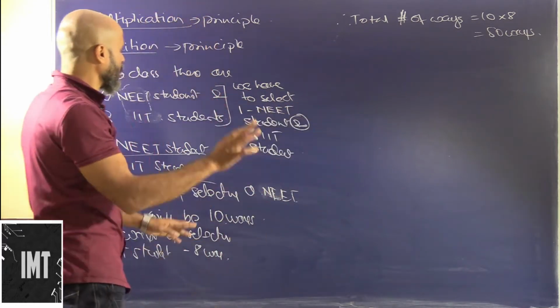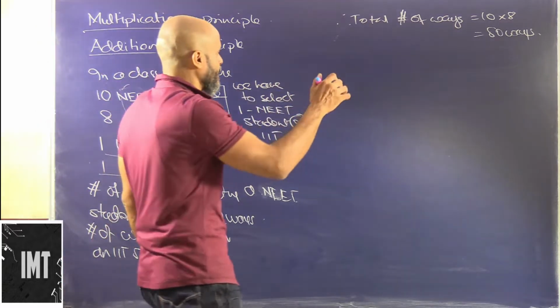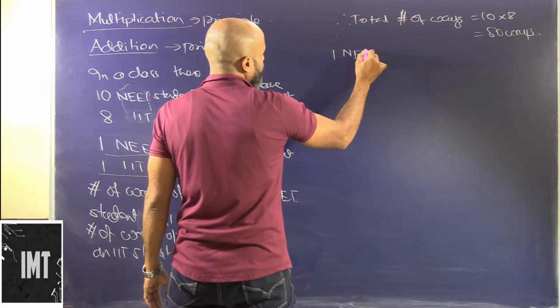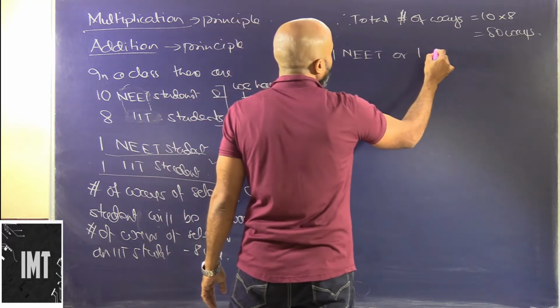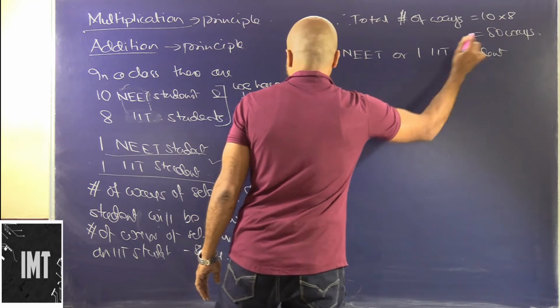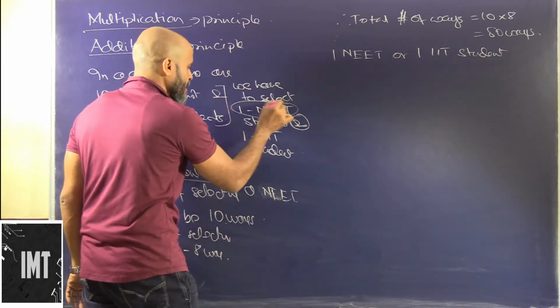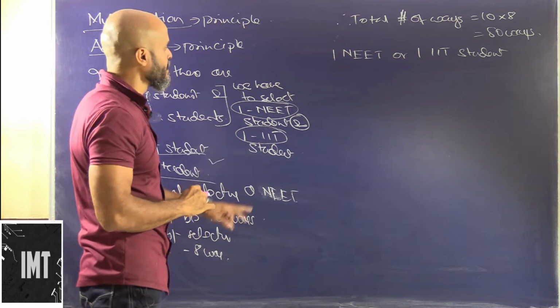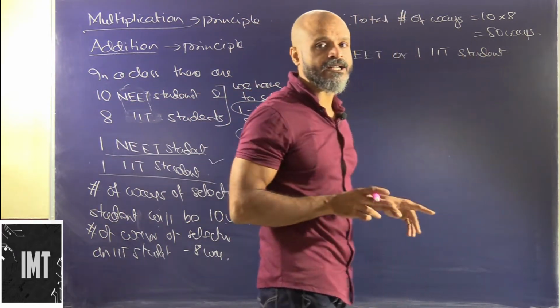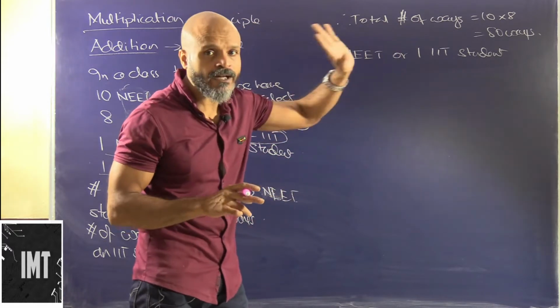Clear? Okay, now let's change the sequence a little. Now you have to select one NEET or one IIT student. So you understand the difference. Here it was one NEET student and one IIT student. Here it is one NEET student or one IIT student.